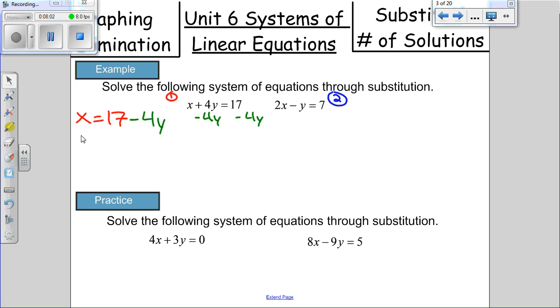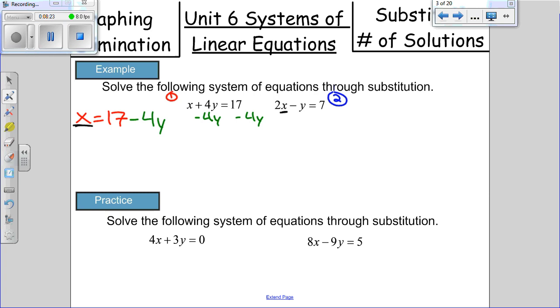All right, we have chosen an equation. We have isolated a variable. Now we do what they call substitution. The way this works is this x over here in equation 1, we want it to be the same as this x over here in equation 2.